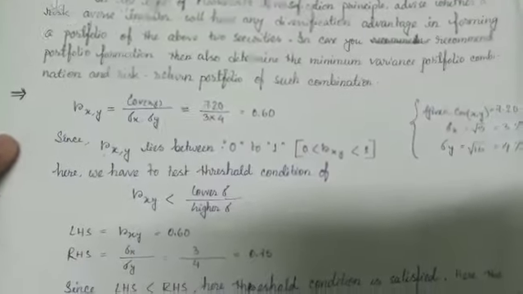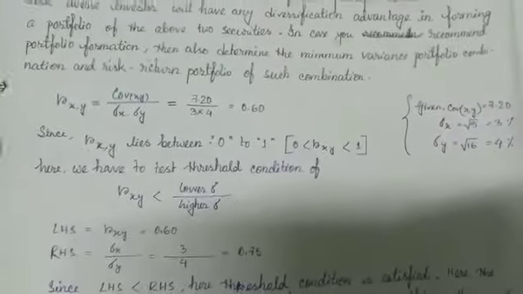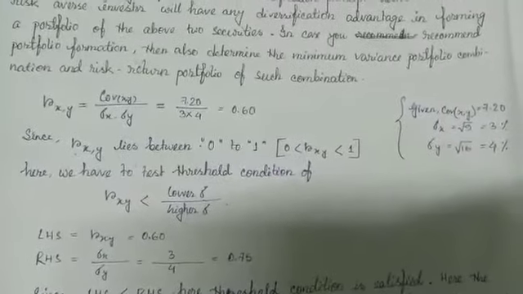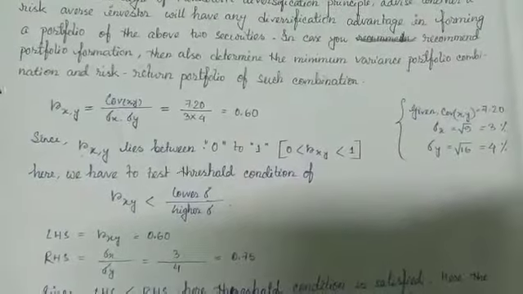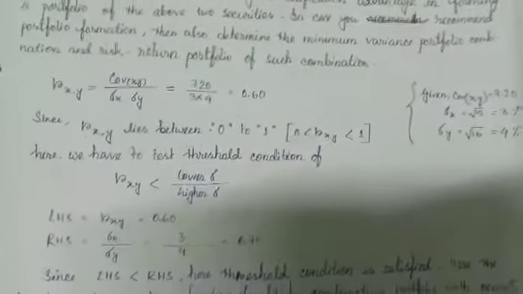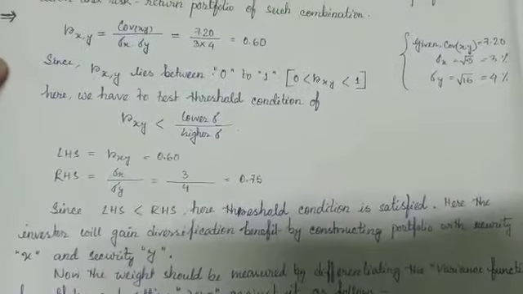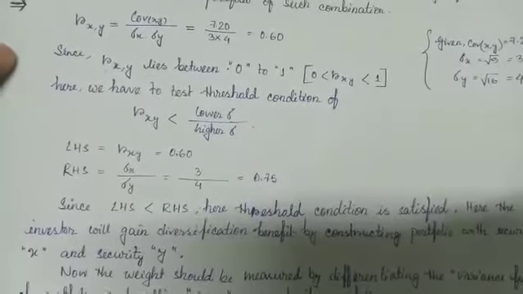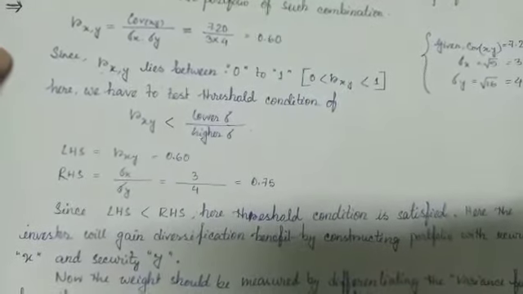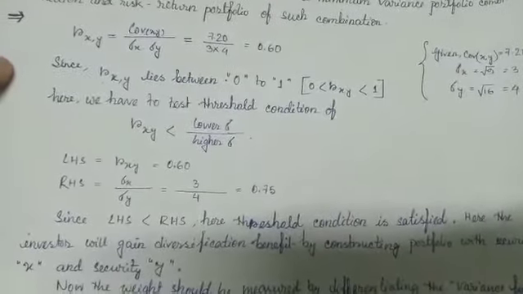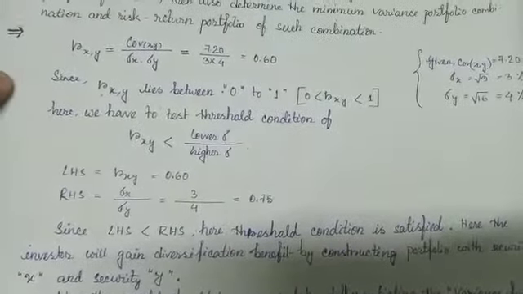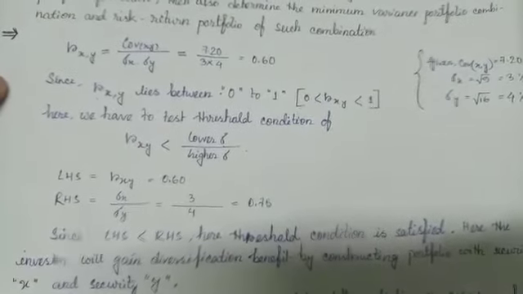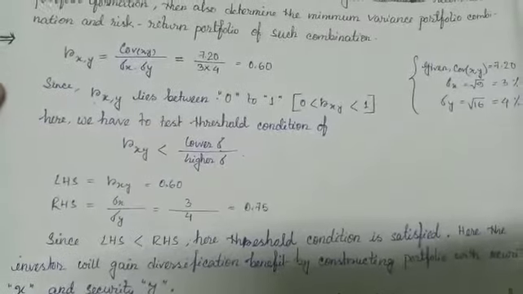And whenever the threshold condition is satisfied, there will be a diversification benefit by constructing a portfolio with security X and security Y. Now, since there is a diversification benefit, we have to calculate the weights associated with security X and security Y which would minimize the portfolio risk.